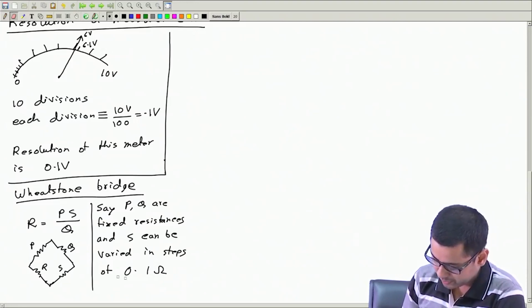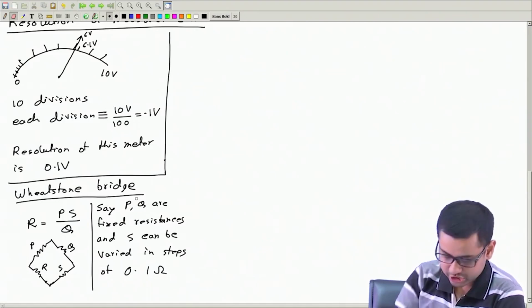So S can be varied in steps of 0.1 ohm, but P and Q are fixed resistances.